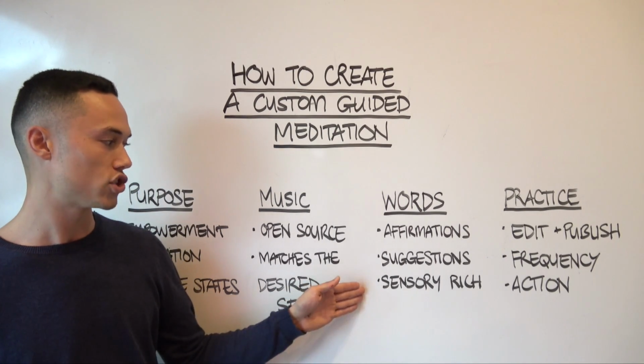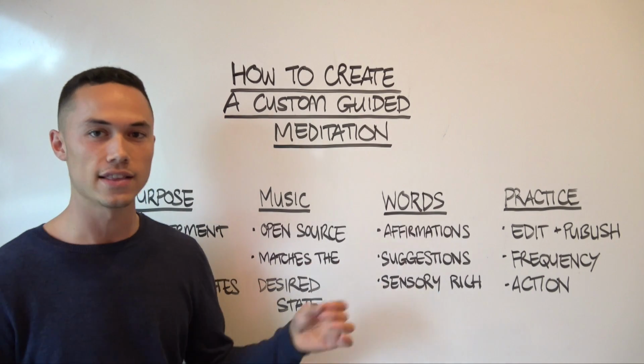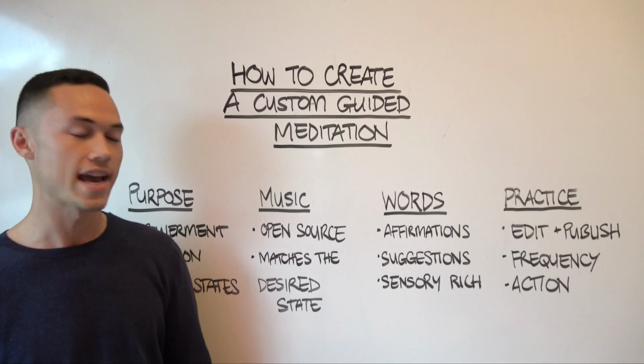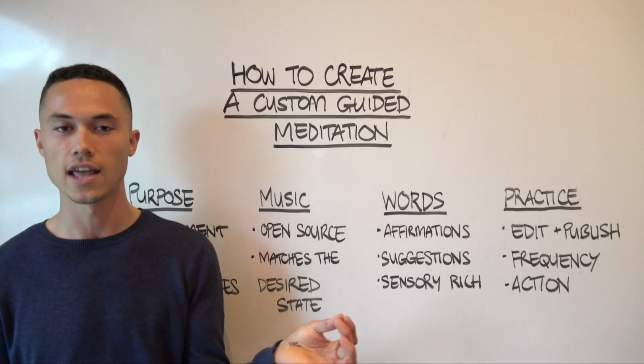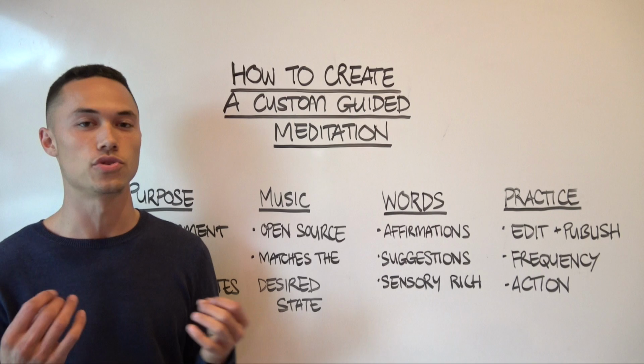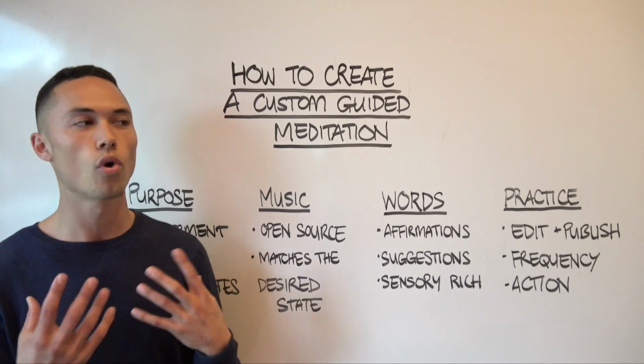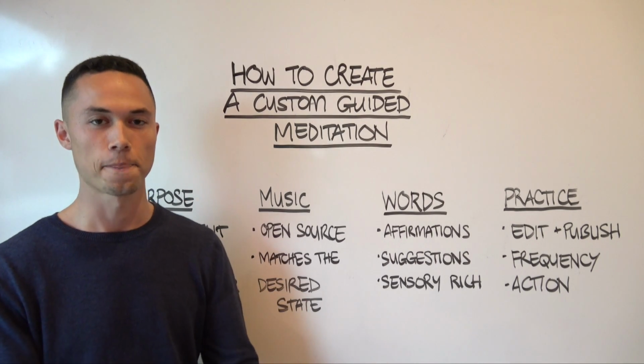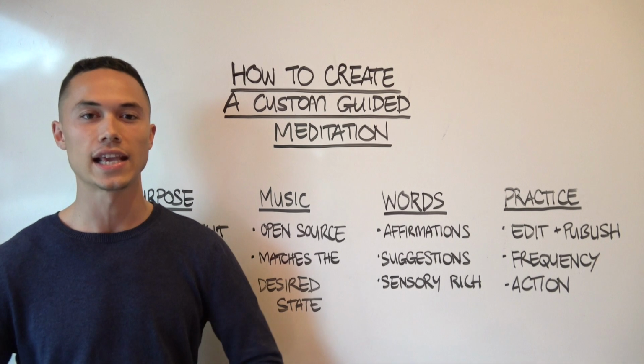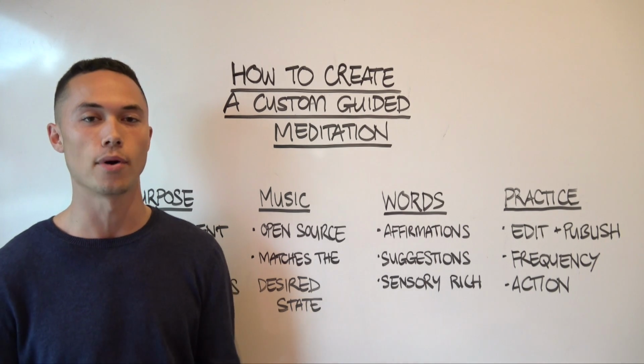And then also you want to make sure that the words you speak in this part of your meditation are sensory rich. Again, the subconscious mind responds to senses. So you want to be talking about the feelings. Allow yourself to feel a tingling or a warmth throughout your entire body.